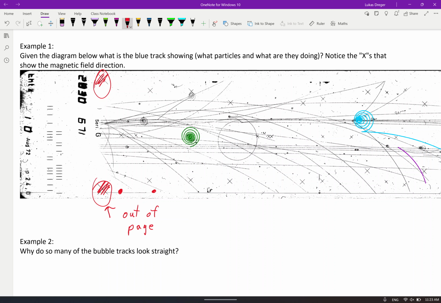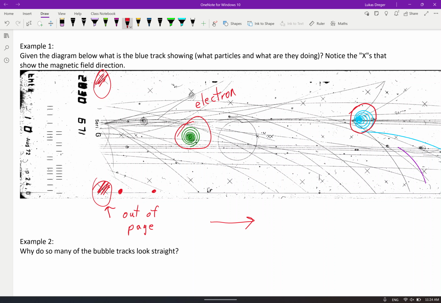Now, if it is coming out of the page, then you're going to point your fingers up, and you're going to use your thumb to show the direction of the motion. The motion is this direction. So fingers up, motion that way, and the palm is pointing at the force because you're pushing with your palm. So this here must be some sort of electron or other negatively charged particle, but probably an electron.